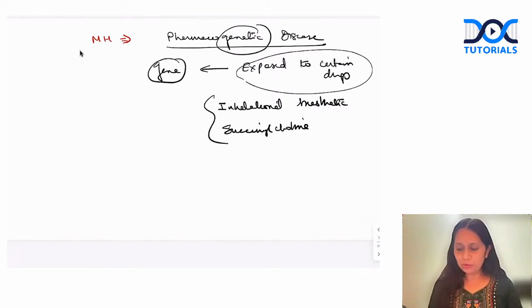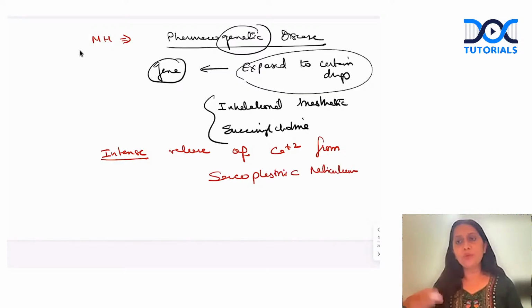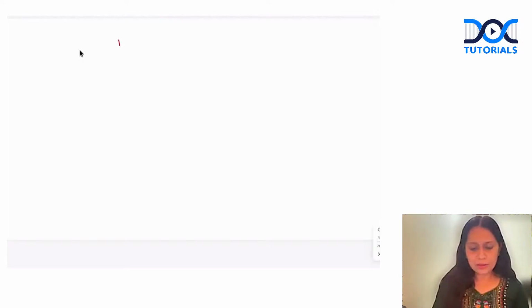So if they're exposed to these drugs, the gene gets triggered, and this causes an intense, massive release of calcium from the sarcoplasmic reticulum. And what does it do? When this intense calcium release happens, metabolism doubles to triples. So this is a hypermetabolic state.